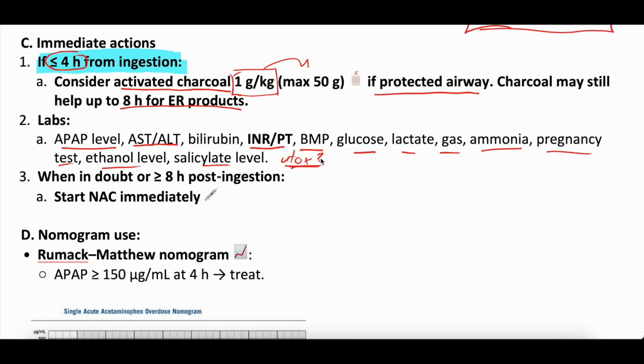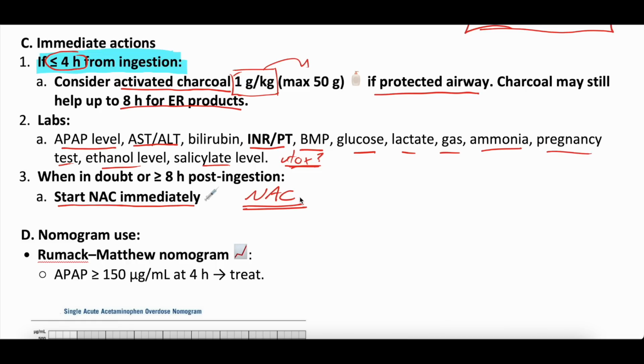And then when the timeline is in doubt, so they're like, I don't know when I took it, or maybe they won't tell you when they took it, or maybe they don't know, or maybe they're not very responsive, or if it was 8 hours from ingestion, just start N-acetylcysteine immediately. And we'll talk more about N-acetylcysteine, or NAC, coming up here, but this is the antidote.